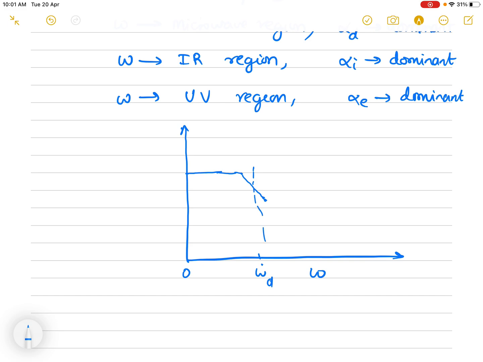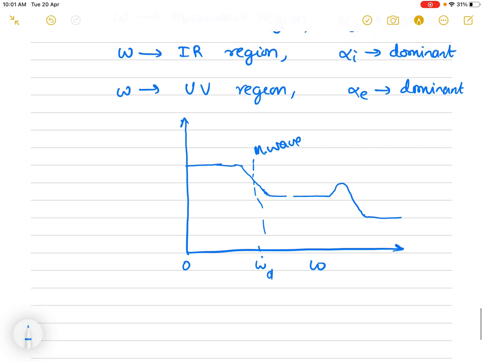Again, as we increase the frequency, we only see electronic polarizability. So what is being plotted here? Here we are plotting the polarizability as a function of frequency. As we increase the frequency, the polarizability also changes, but between 0 and the dipolar frequency, the dipolar polarizability is constant.